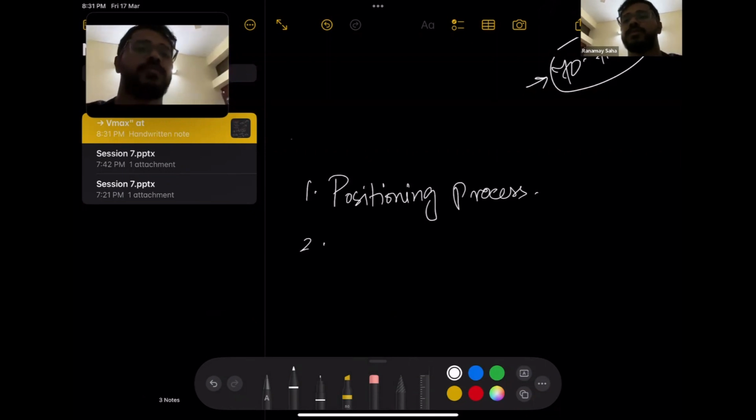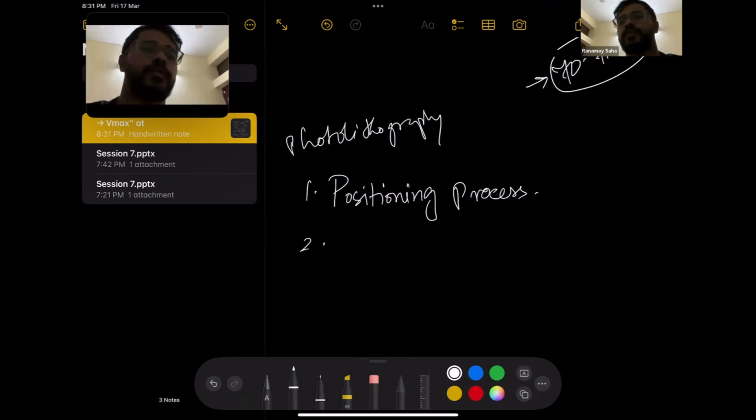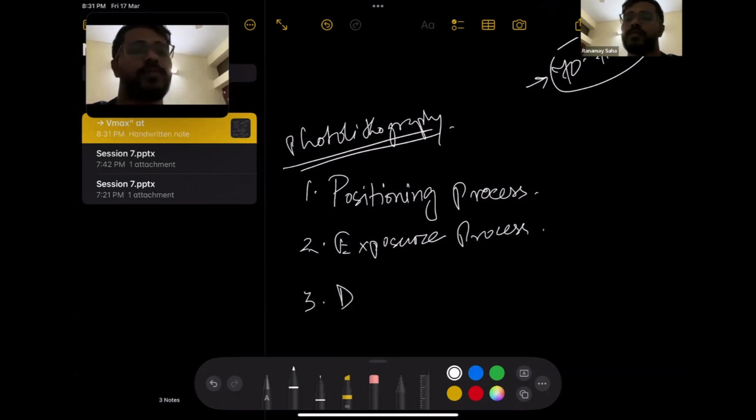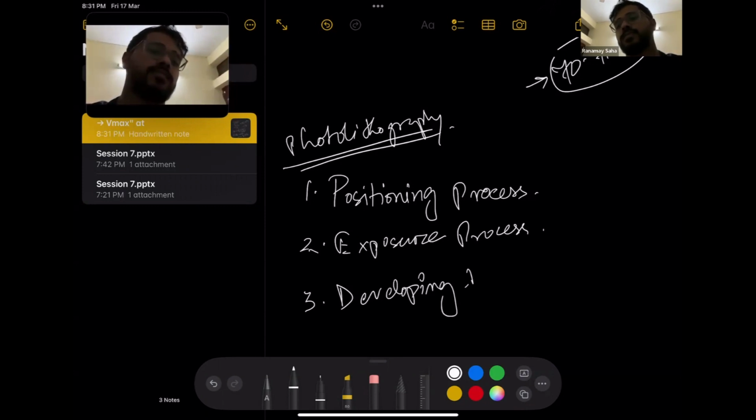The second one is the exposure process. Okay. And the third step is the developing process. What are these three processes basically?